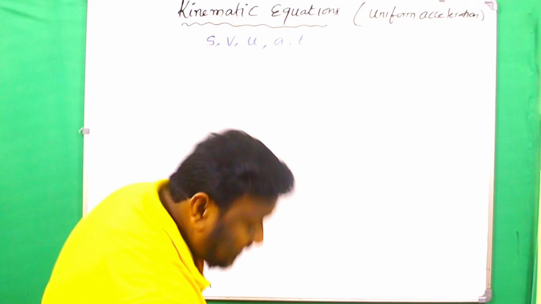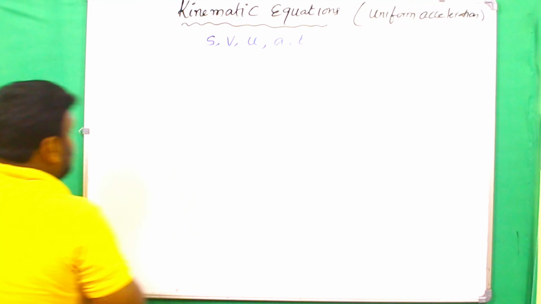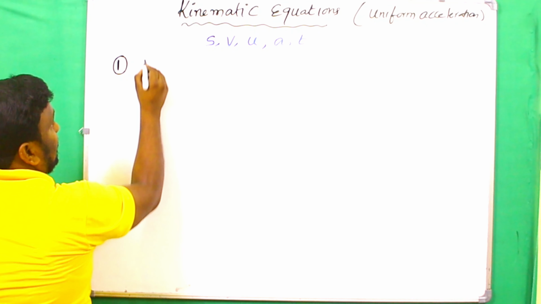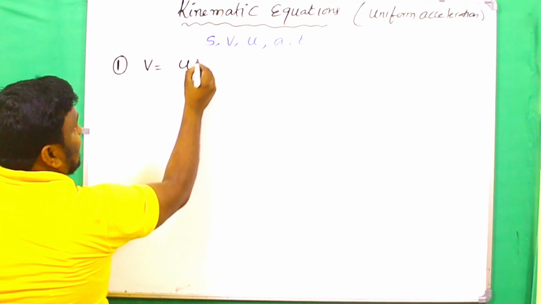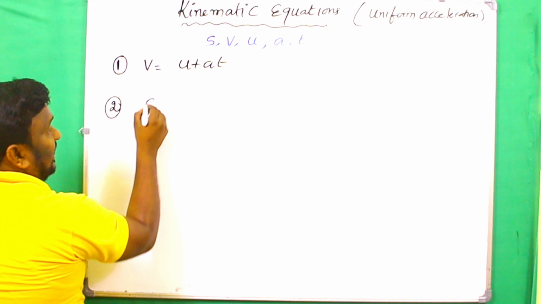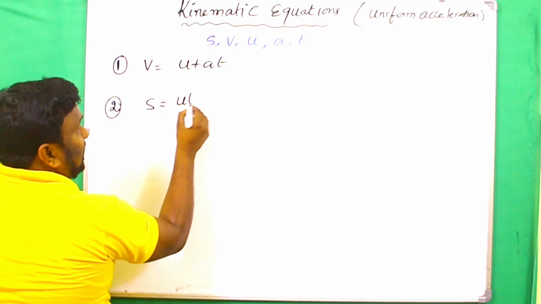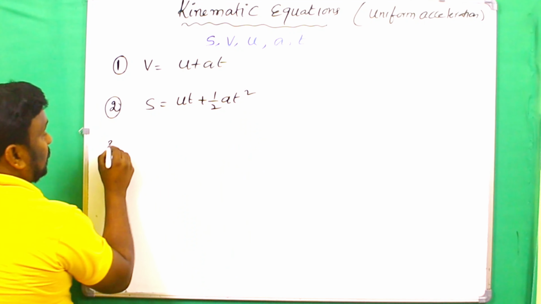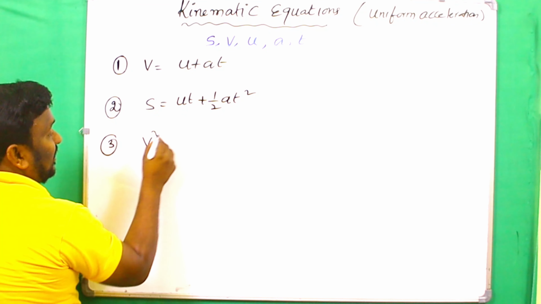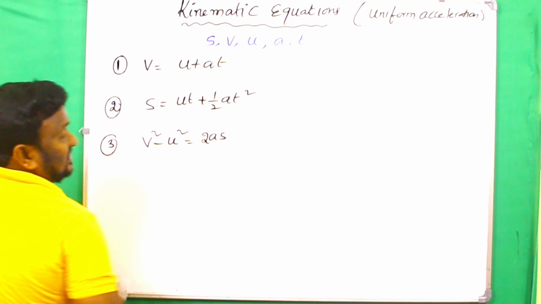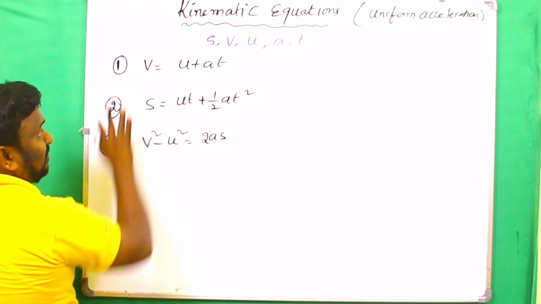Here there are four main equations. Among them, the first one is V = U + AT, the second one is S = UT + 1/2 AT², and the third one is V² - U² = 2AS. So these three are the main equations.